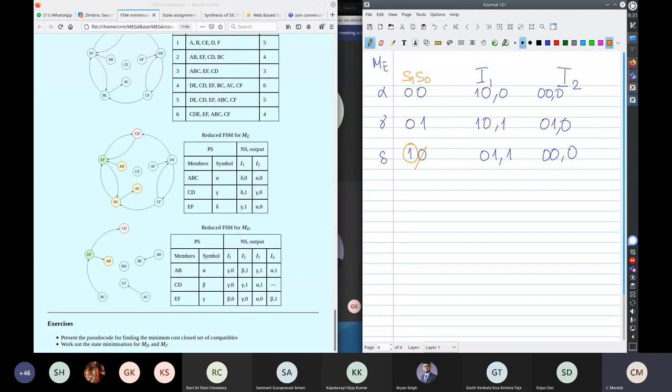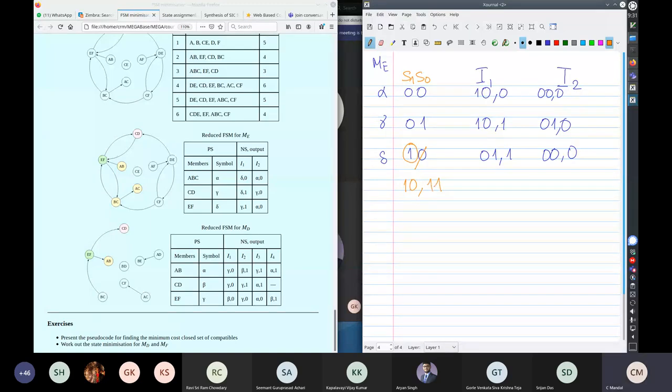So I could leave it as don't care. If I leave it as don't care, basically what I'm saying is this is both 1, 0 and 1, 1.